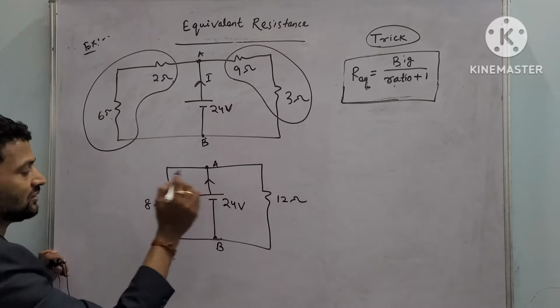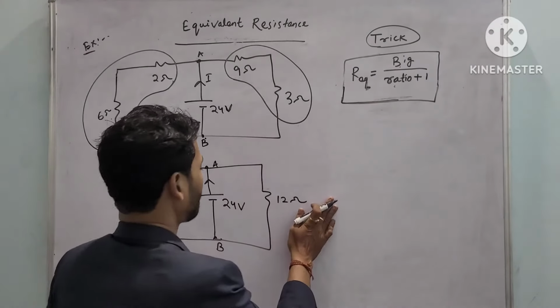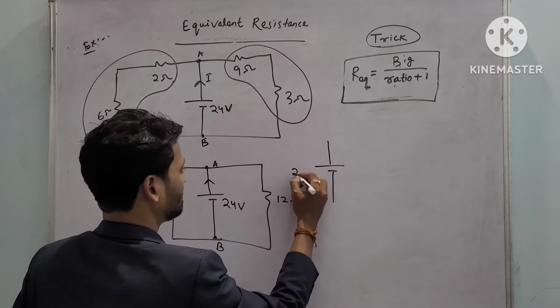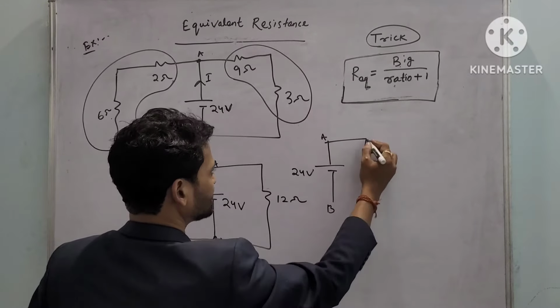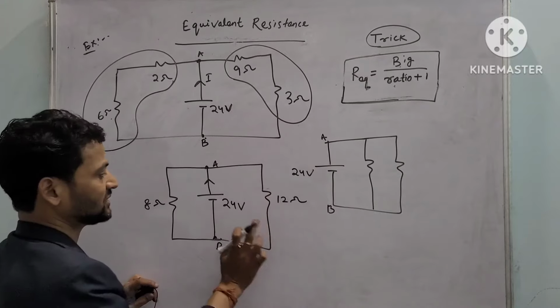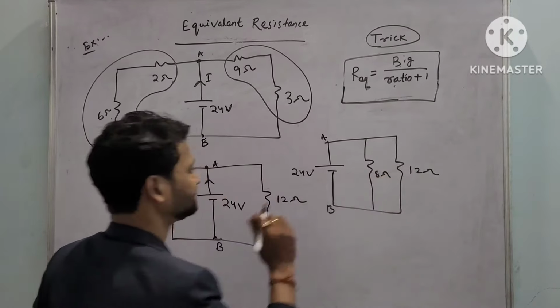So now this 8 ohm and 12 ohm both are in parallel. So I can redraw the circuit like here, 24 volt. This point is A and B, just to make you understand. So I can redraw the circuit as 12 ohm and this one is 8 ohm.